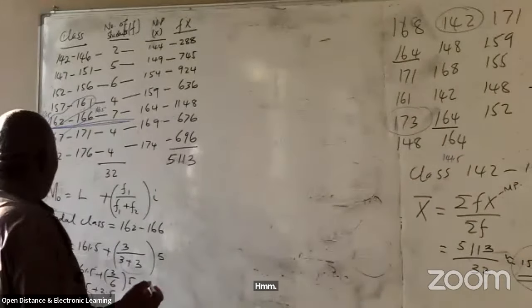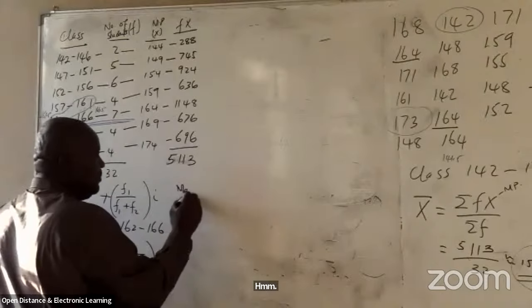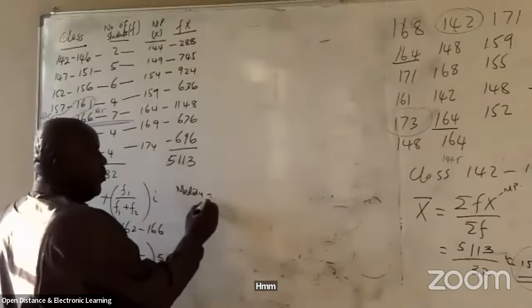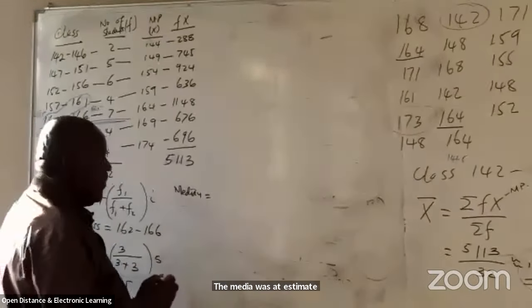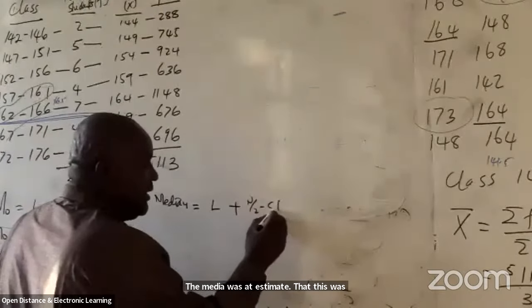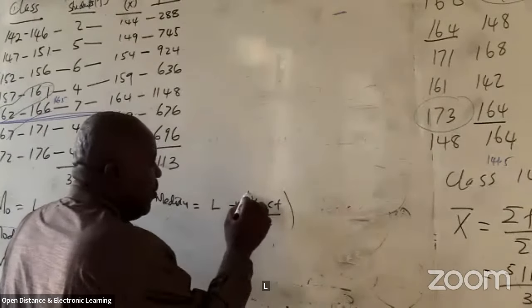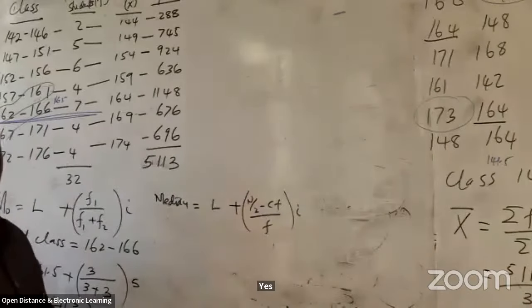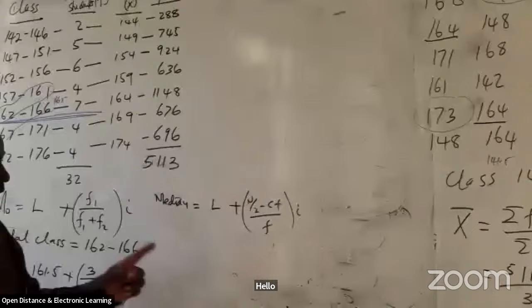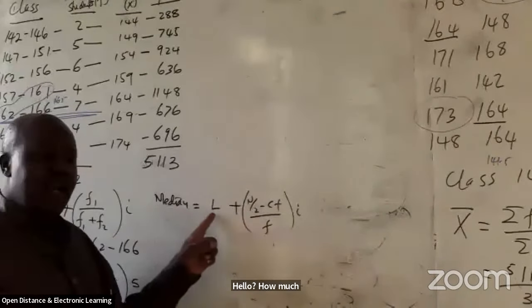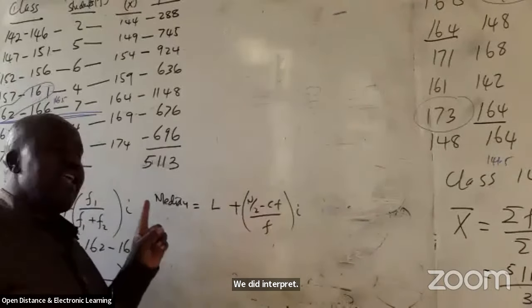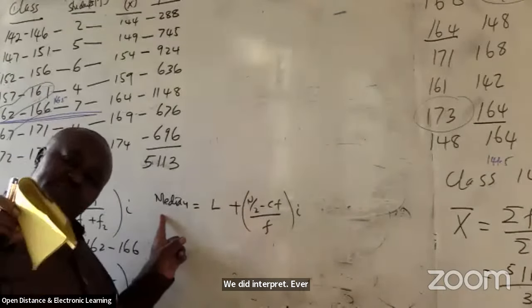Now, finally, we look at the median. The median was an estimate: L plus n over 2 minus CF all over F, multiplied by i. And we did interpret L as the lower class boundary of the median class. What is this median class?